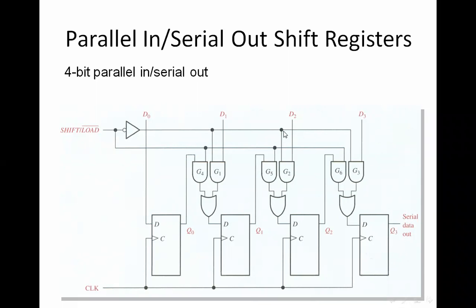When this line is high, it will accept data from D0, D1, D2, D3. I've given 0 here, so when this turns 1, this will also turn 1, 1, 1. So it is ready for accepting data D0, D1, D2, D3.